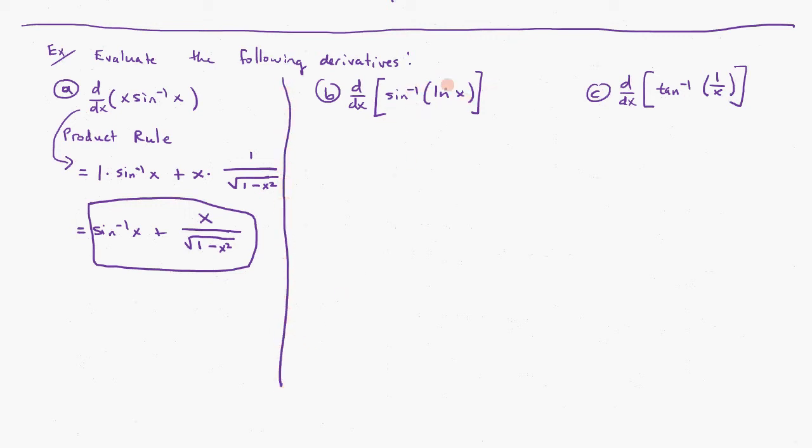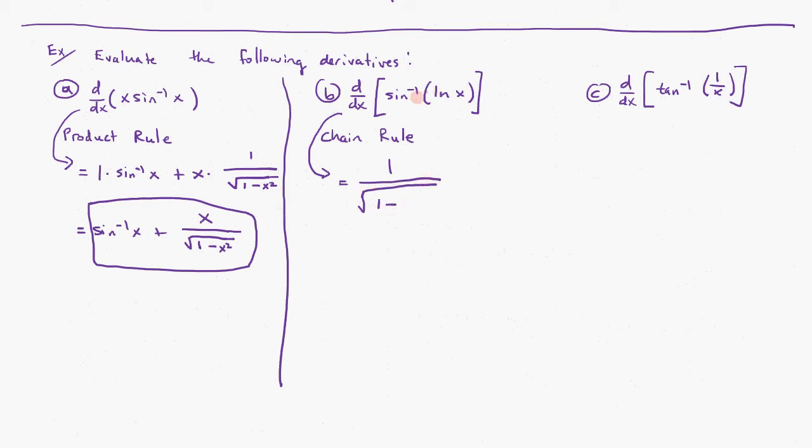Okay, so now let's look at the second example. We want to compute the derivative of inverse sine of ln of x. Because it's a composition of functions, we apply the chain rule. The derivative of the outside function, inverse sine, is 1 over the square root of 1 minus x squared.